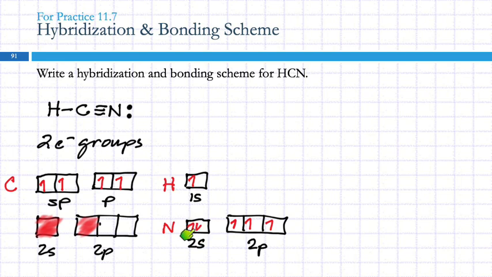Nitrogen has 1 filled orbital. That corresponds to the 1 lone pair that we see here. Okay. So here's carbon, here's nitrogen, and here's hydrogen.